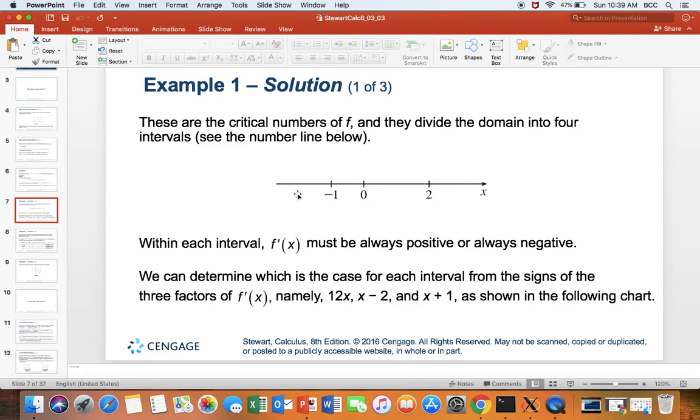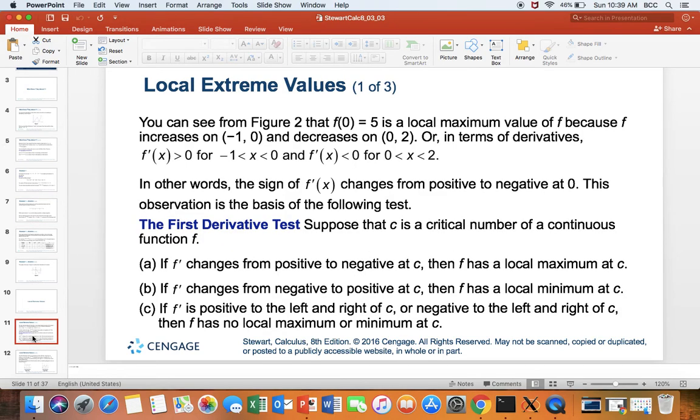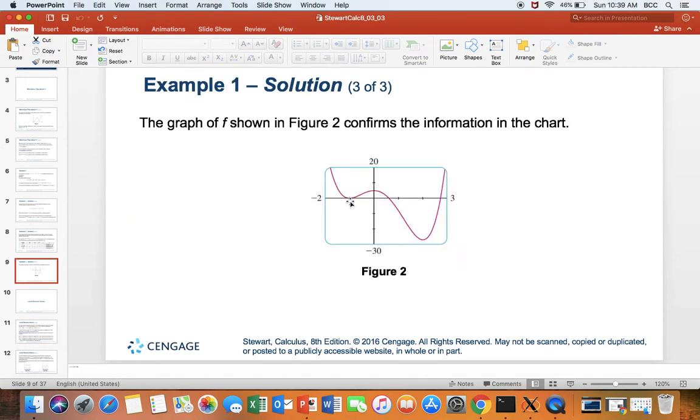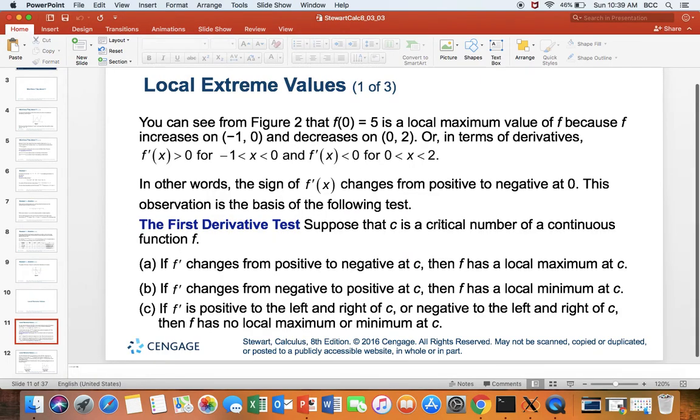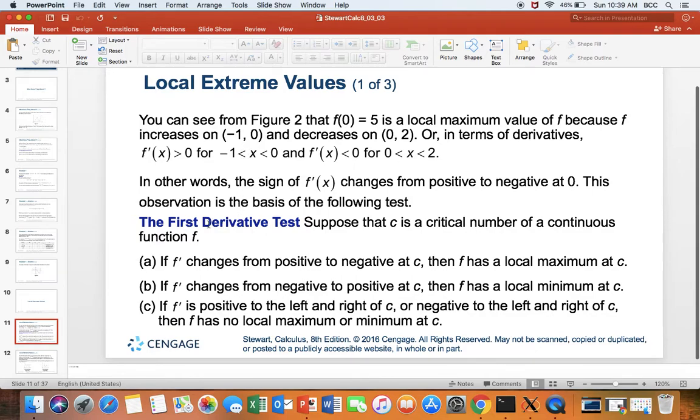On either side of these you are either increasing or decreasing. So what should happen here? You should have slope 0, which is what gets you a local minimum or maximum. All right. So now the first derivative test.